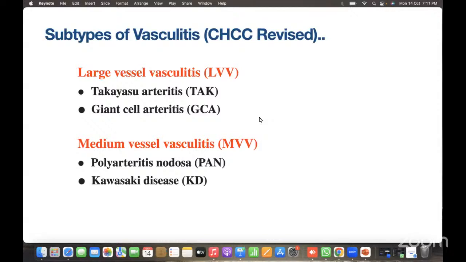In large vessel vasculitis, the prototype diseases are Takayasu arteritis and giant cell arteritis. The medium vessel vasculitis is characterized by diseases like polyarteritis nodosa and Kawasaki disease.